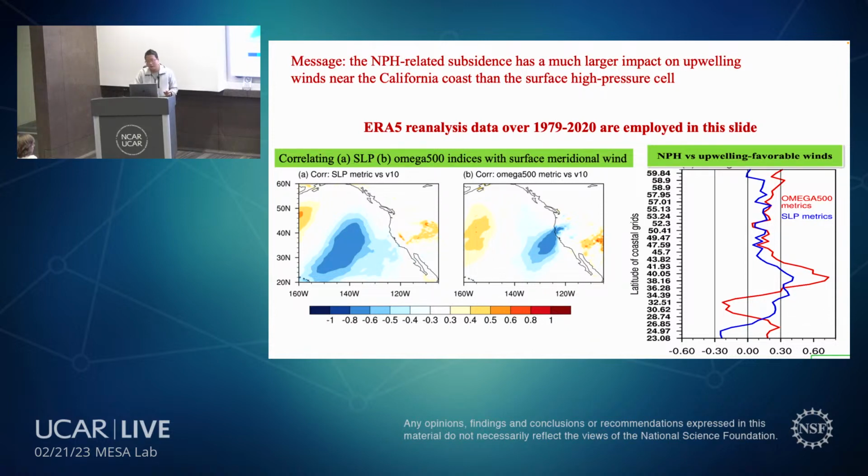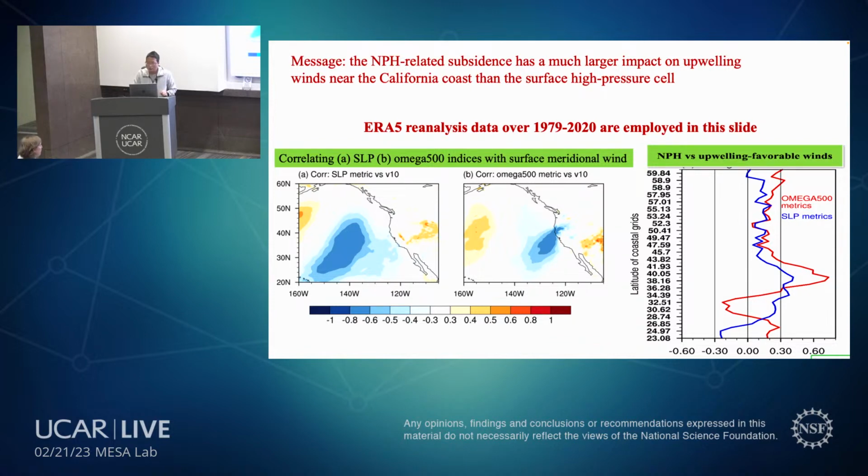So this is meridional wind only, and we can also consider both tau x and tau y, and then calculate upwelling favorable alongshore wind stress for each grid cell, which is this right panel. The y-axis shows the latitudes of each coastal grid cell.